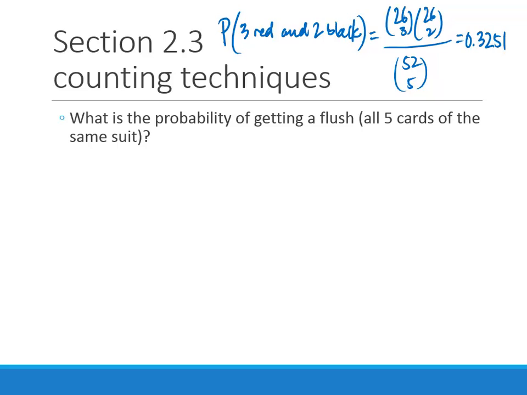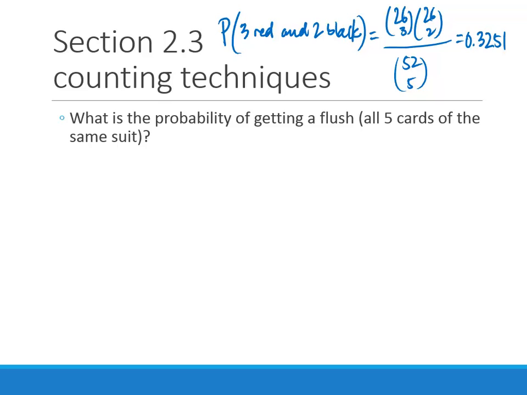So that's not necessarily a particularly good hand, but there's a pretty good chance, about a 1 in 3 chance, that you'll get 3 red and 2 black. Everybody with me? Is that okay?